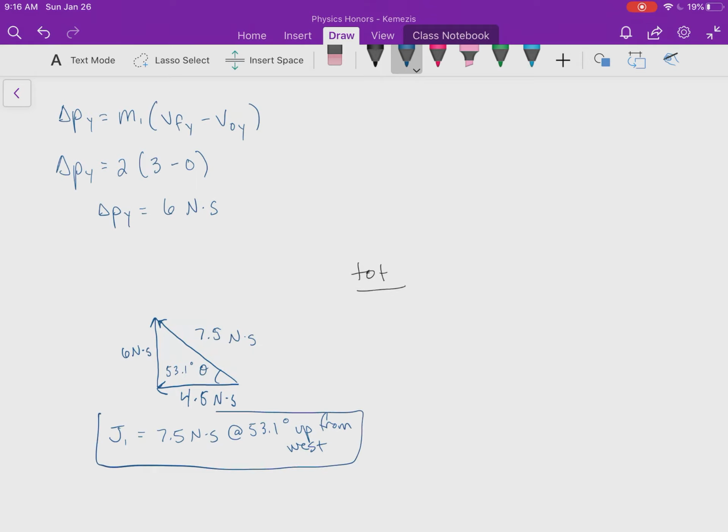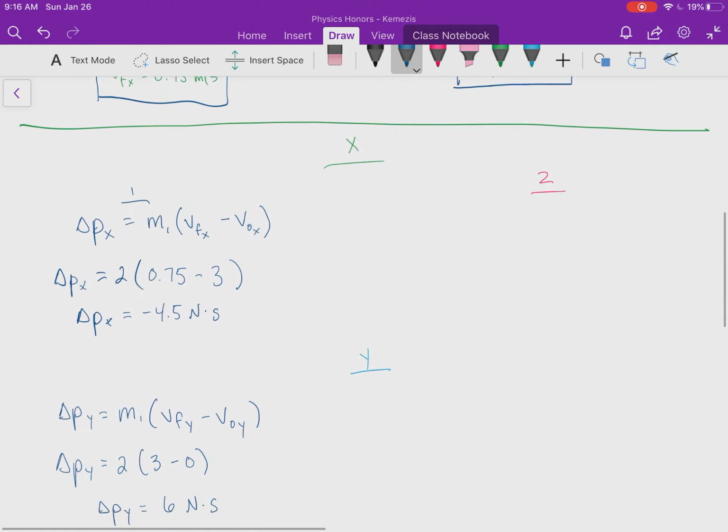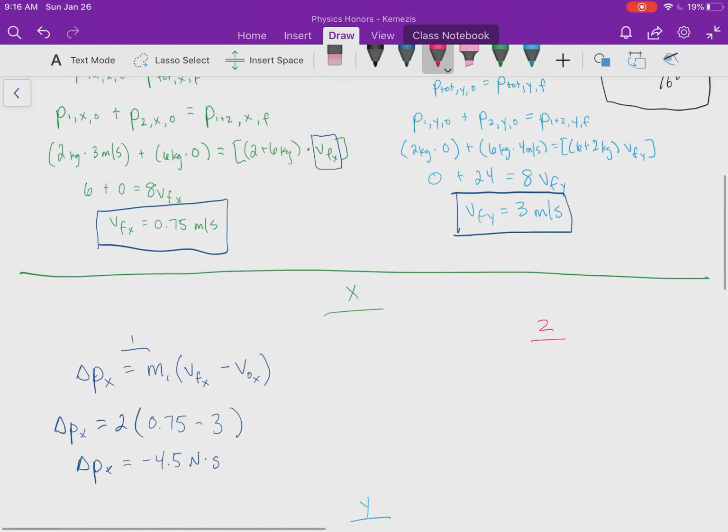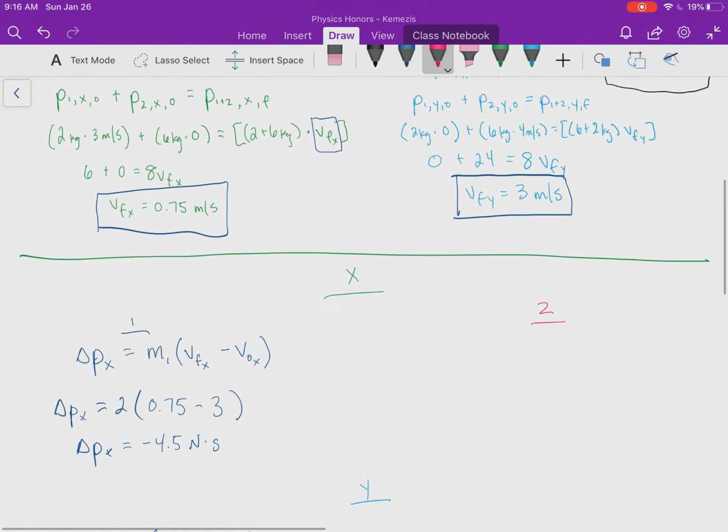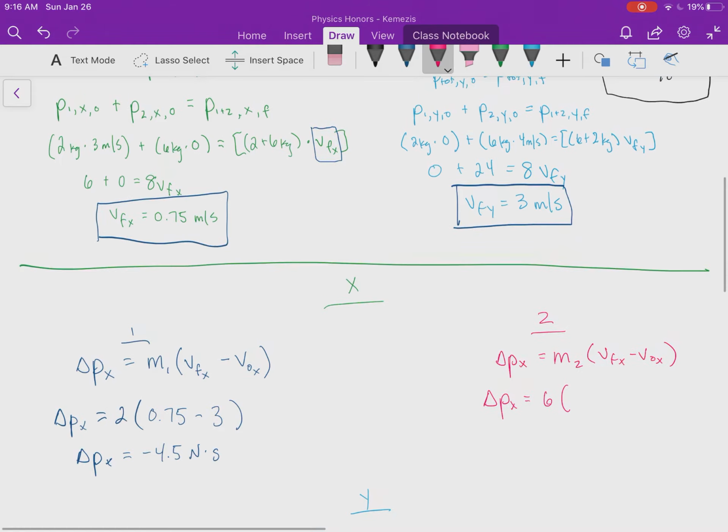Okay, now we're going to do the same thing for our second object. And for our second object, we can do the x information. Delta px is equal to mass 2 times vfx minus v naught x. And our mass for object 2 was 6 kilograms.